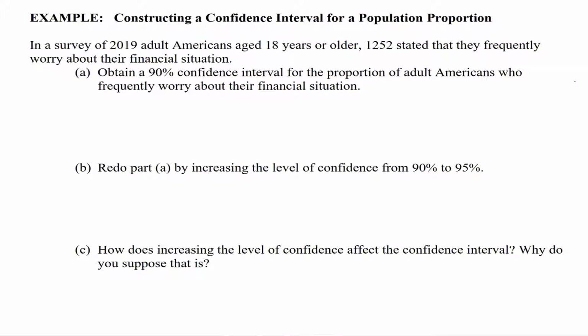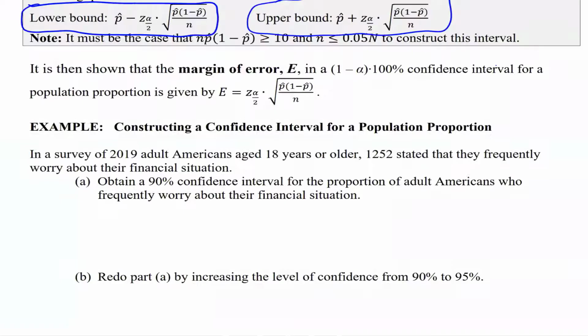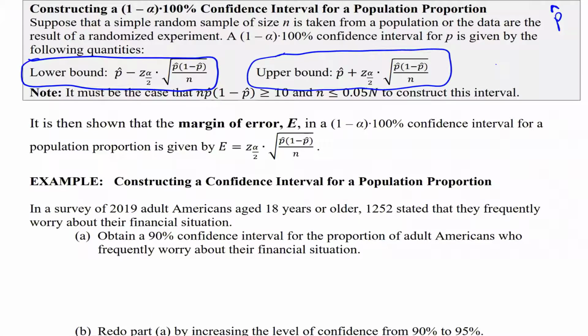All right, here's what we're going to have to do. We're going to first compute p hat. So here, p hat is the number in our survey who frequently worry about their financial situation, 1,252, divided by the number of adults in our survey, which is 2019.